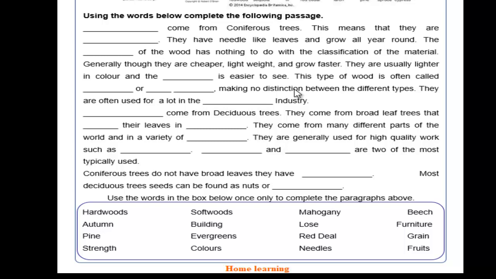Generally though, they are cheaper, lightweight and grow faster. They are usually lighter in colour and the something is easier to see. This type of wood is often called something or something, making no distinction between the different types. They are often used for a lot in the something industry.